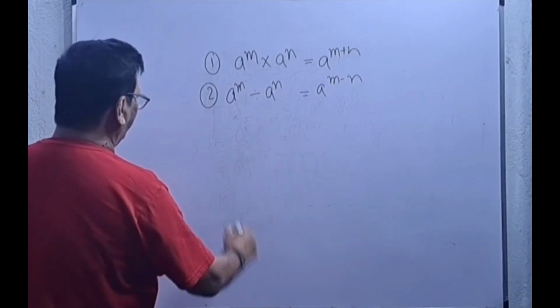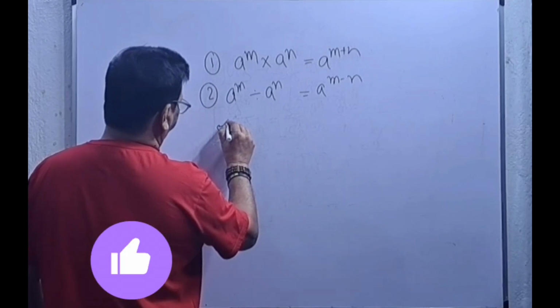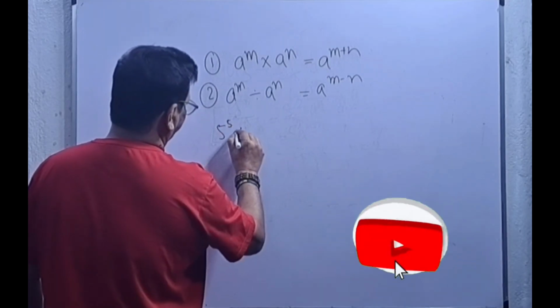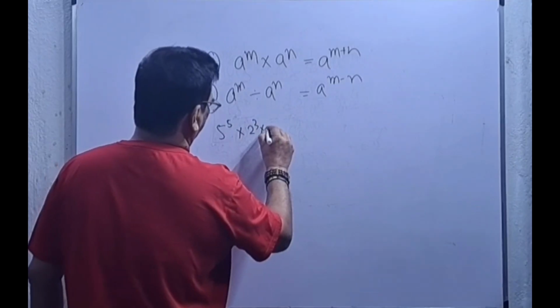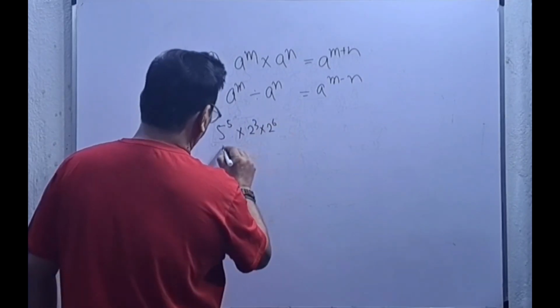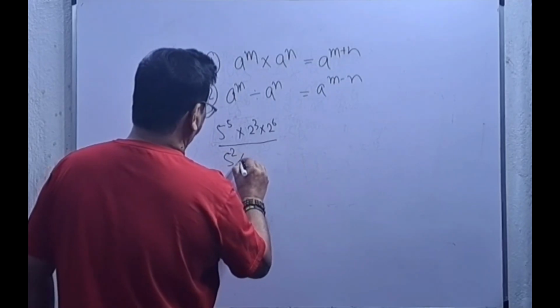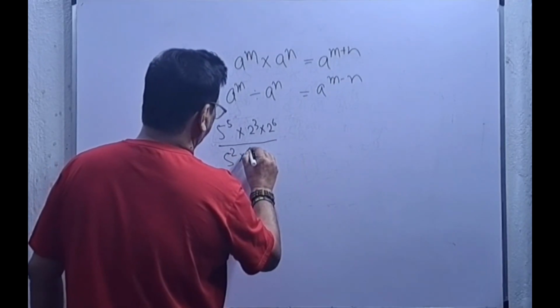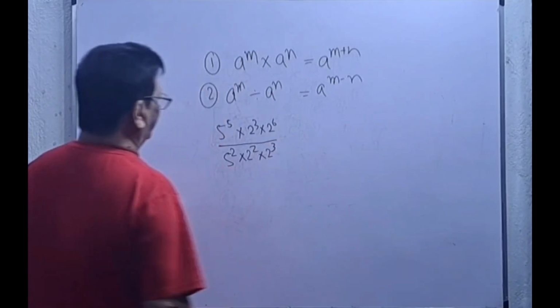Now, the problem is 5 to the power of 5 times 2 to the power of 3 times 2 to the power of 6 divided by 5 to the power of 2 times 2 to the power of 2 times 2 to the power of 3.